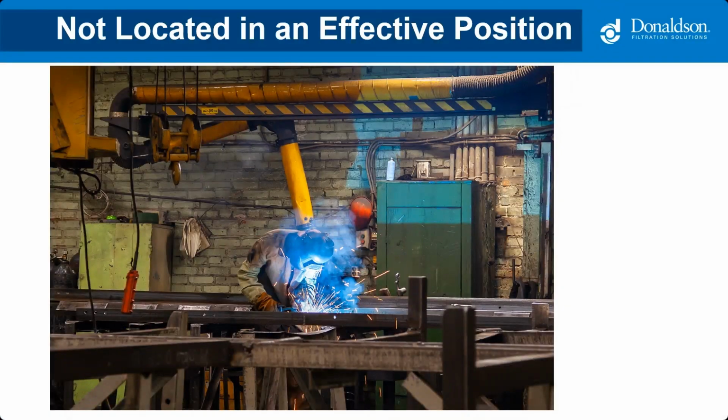I'm not sure, but anyone can give a thumbs up if they see what's wrong with this particular picture, which isn't even necessarily uncommon. Looks like we're all getting it. There is a weld fume extraction hood, and there's a welder that's welding, but the hood is behind him.